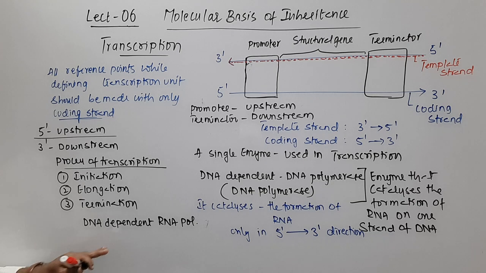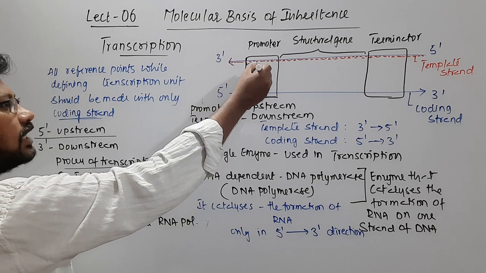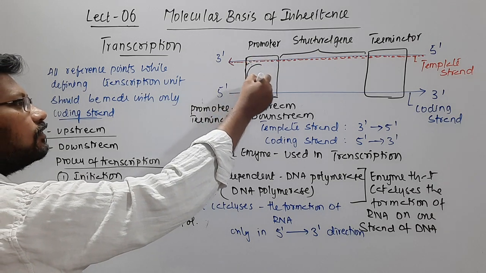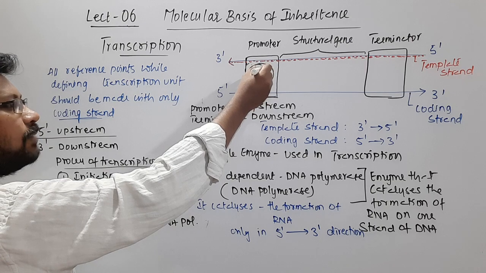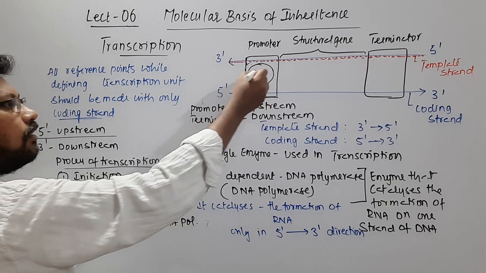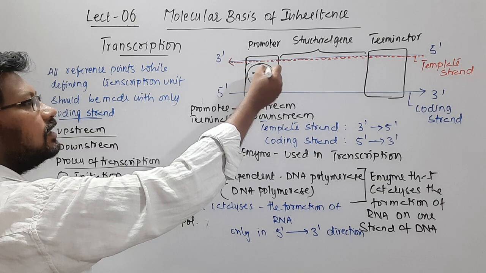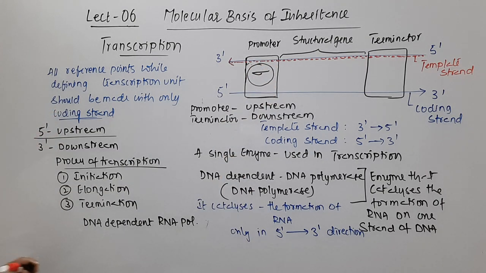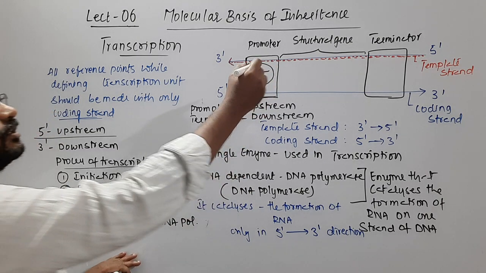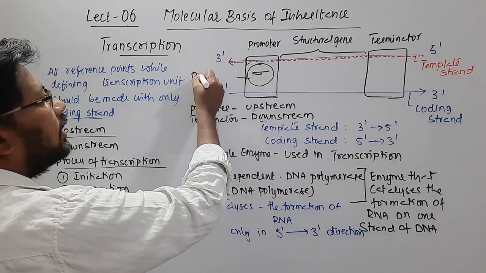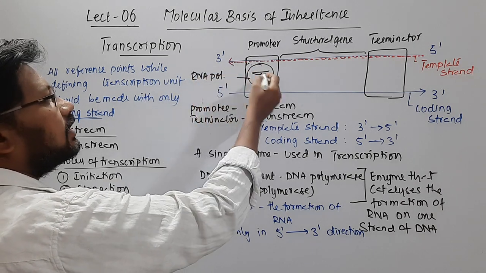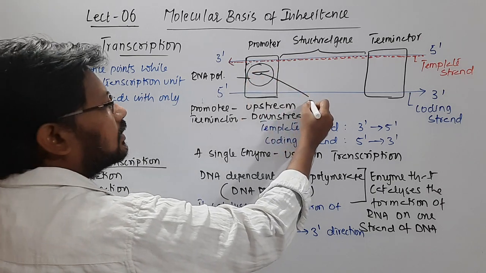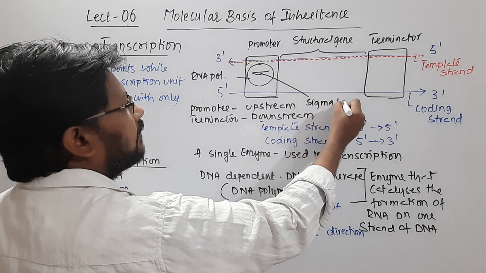Now this DNA dependent RNA polymerase, which I will simply call RNA polymerase, comes and binds to the promoter. This binding is aided by a specific protein called the sigma factor. So the sigma factor needs to bind with the RNA polymerase. This is the RNA polymerase enzyme, and this is the sigma factor.